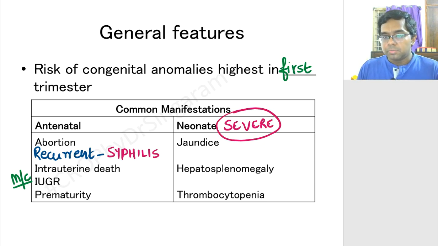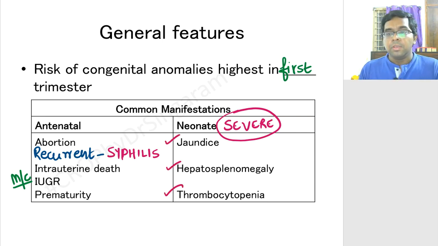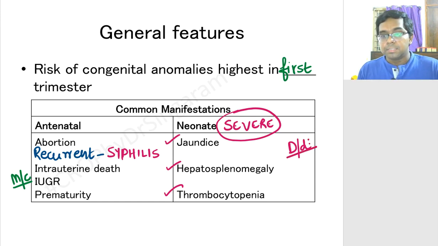Point number 2 you need to remember is that this jaundice, hepatosplenomegaly, and thrombocytopenia could also be a manifestation of a common problem which you can encounter in the neonatal period. Common, meaning that in comparison to TORCH infection, the problem I am going to tell you is more common, and that can also present with jaundice, thrombocytopenia, and hepatosplenomegaly. So what is that differential diagnosis which you should always keep in mind when you're evaluating a suspected TORCH infection?